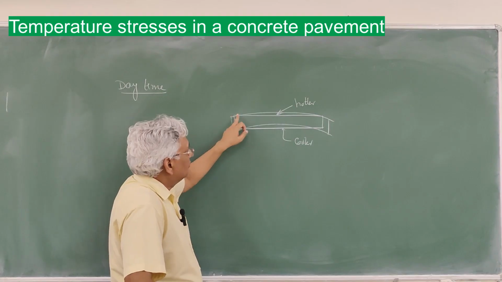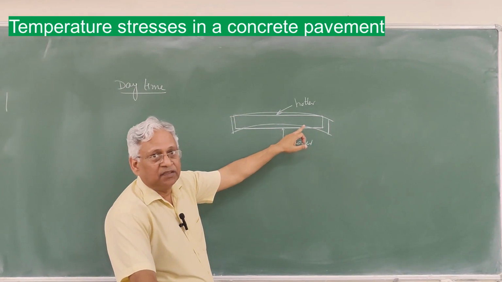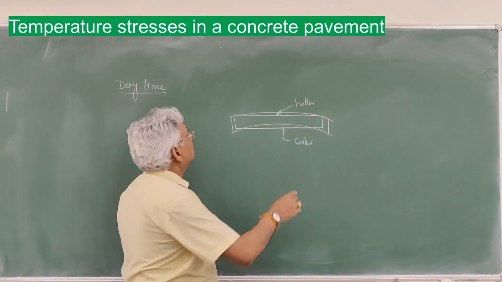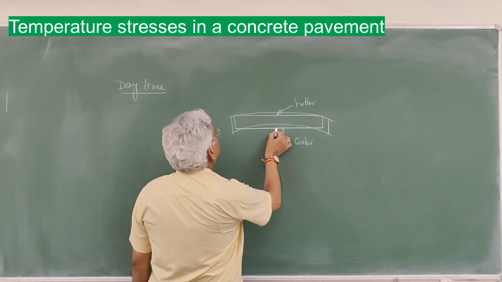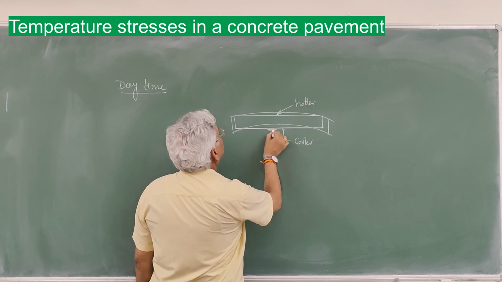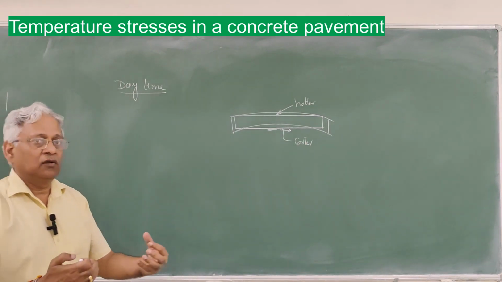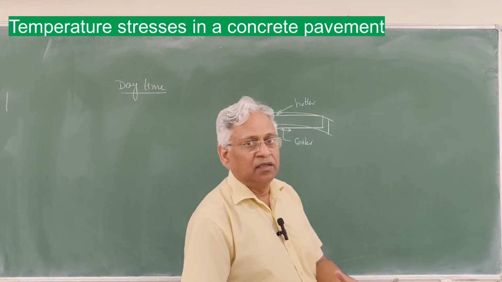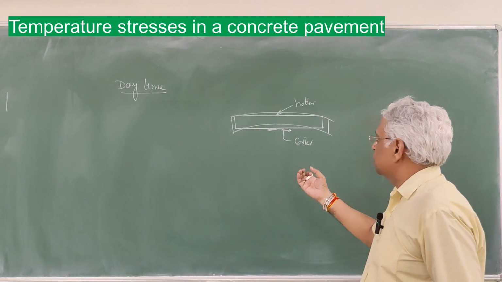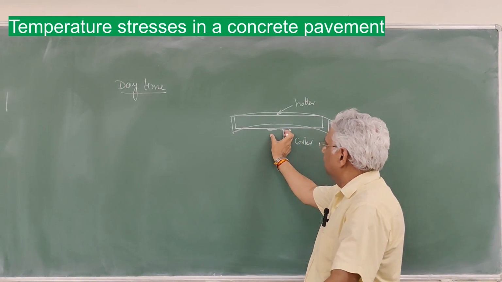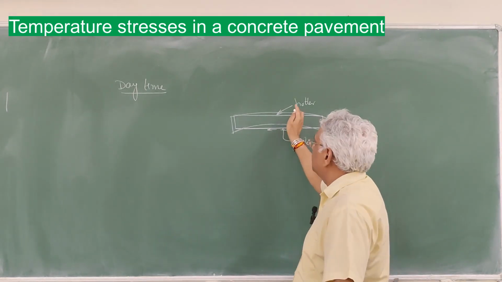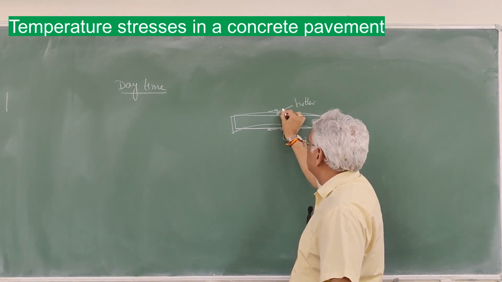And therefore, when it is not free to expand, internal stresses will be set up in the slab. Because of this resistive force by the base course, tensile force will be developed at the bottom and compressive force will be developed at the top.